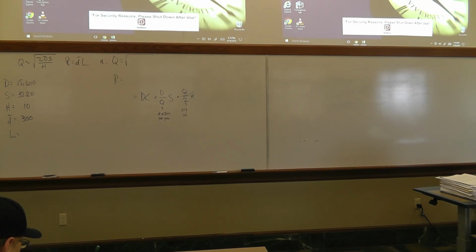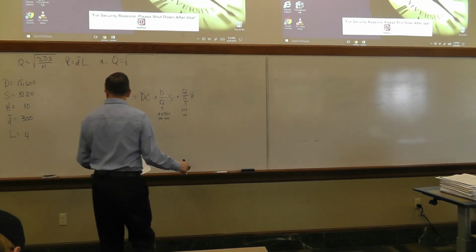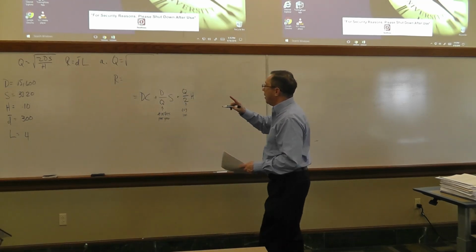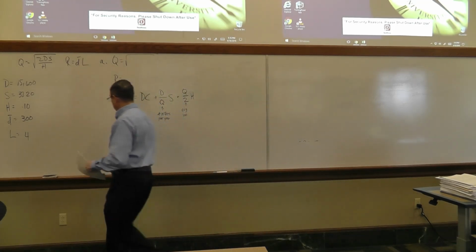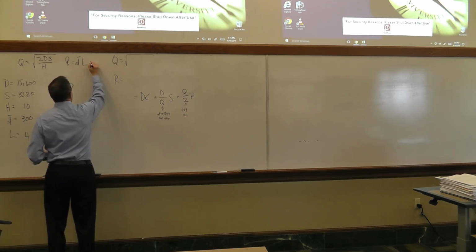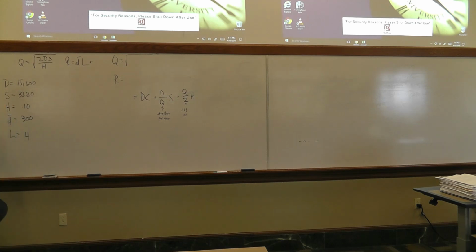The lead time is given at 4 weeks. Common lead time here in these problems. I got everything to figure out Q, but my reorder point, I got to change that. There's the average demand over lead time.